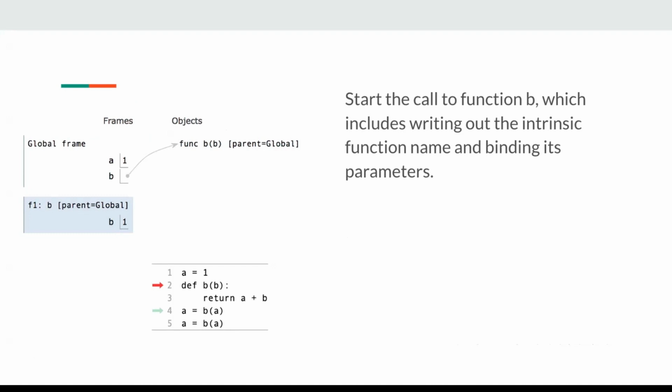That's why when we open a new function frame F1B, our first thing is to address the parameter B, and we set that to 1 because we technically said B1, right?